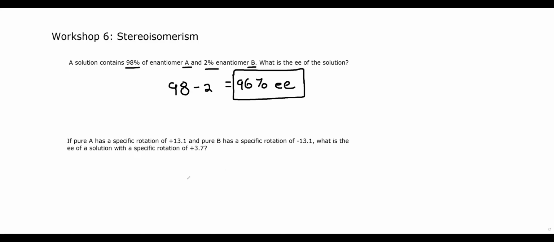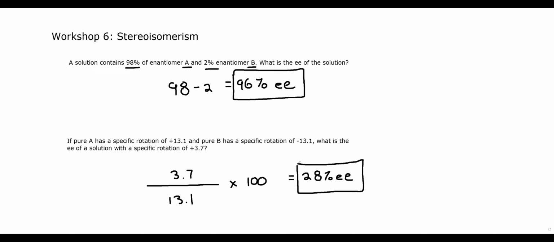So the way that we solve this, remember, is we take the absolute value of the measured amount, which is 3.7, and we divide it by the pure specific rotation, which would be 13.1. And we multiply this value by 100%, and that's going to give us our EE. So if we take 3.7 divided by 13.1, multiply that by 100, then we have about a 28% EE.